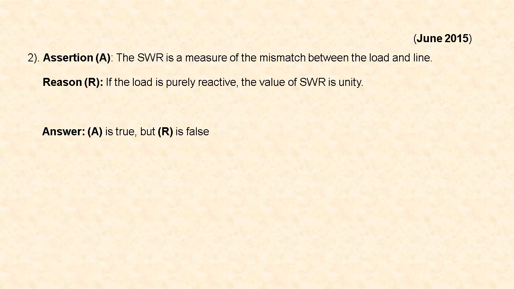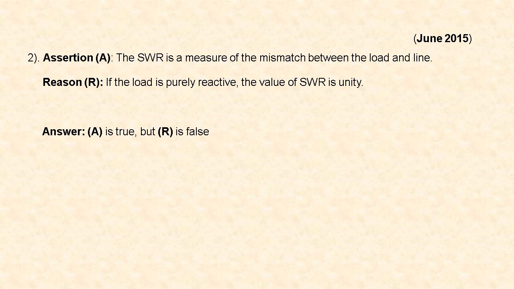Next question. This question was asked in June 2015. It is assertion and reason type. Assertion. The standing wave ratio is a measure of mismatch between the load and the line. Reason. If the load is purely reactive, then the standing wave ratio value is unity.